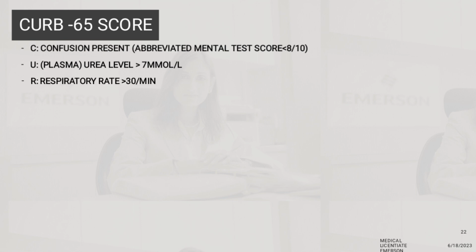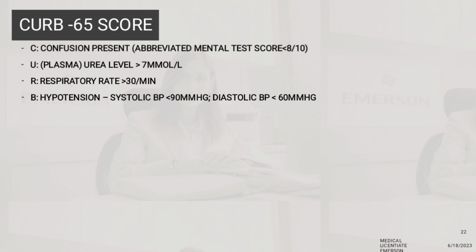Then respiratory rate, there will be respiratory rate of more than 30. And then in terms of blood pressure, which is B, there will be hypotension. So the systolic blood pressure will be less than 90 millimeters of mercury, diastolic less than 60 millimeters of mercury.